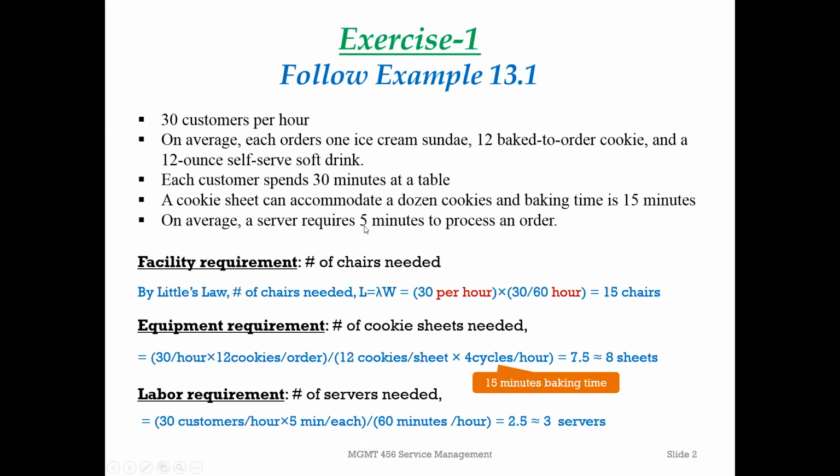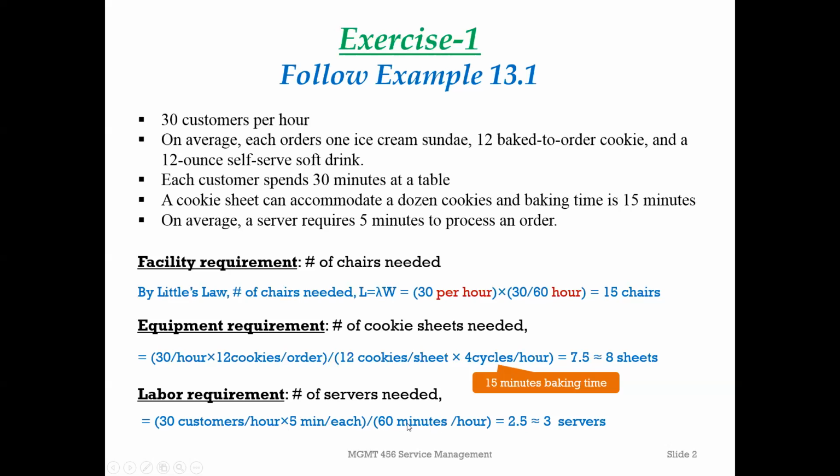A server requires 5 minutes to process an order. So I have 30 customers to serve, and for each I need to spend 5 minutes. So 30 times 5 tells us how much service time I need to provide in each hour. That is the total time I need to provide to all the customers.